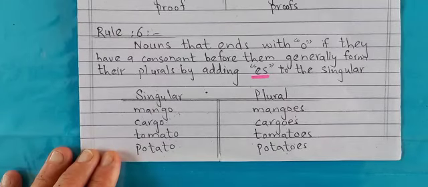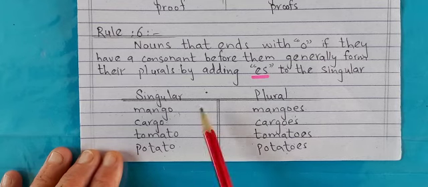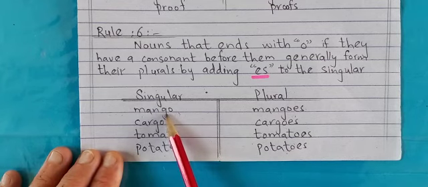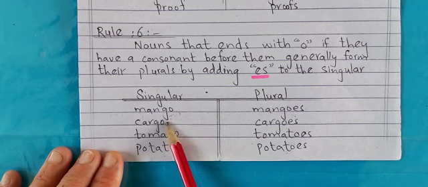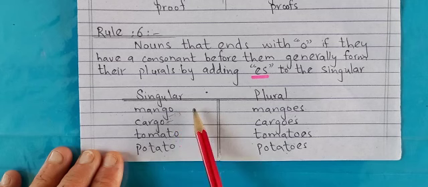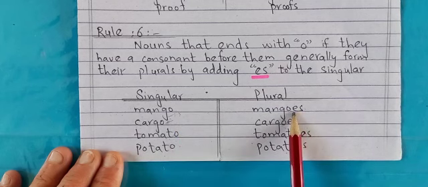Rule number 6 is nouns that end with O, if they have a consonant before them, generally form their plurals by adding es to the singular. Now again, you have to know that the nouns which end with O but there is a consonant before O, then you just have to put es in the end of that word to make it plural.